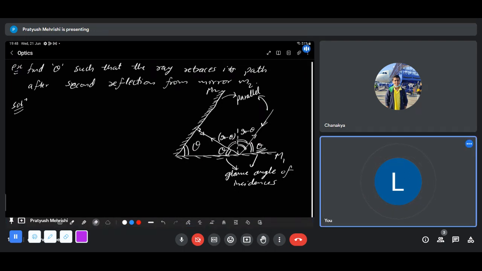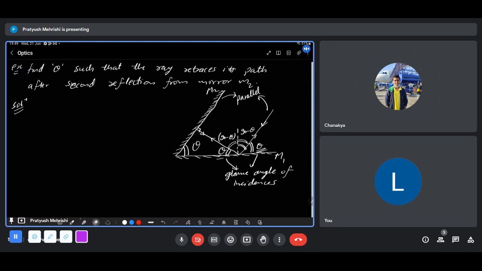Got it, sir. So therefore, in this triangle, what do we have now? We have 90 plus 2 theta should be equal to 180 degree, because sum of all angles of the triangle is 180 degree.